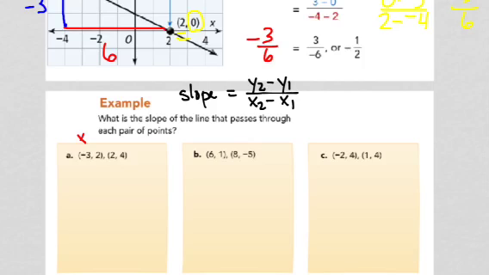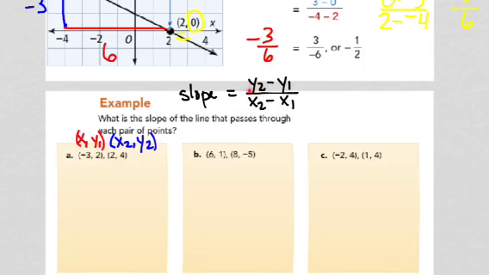So I'm going to call this x1, y1. And then the second point I'll put in a different color, and I'll call that one x2, y2.